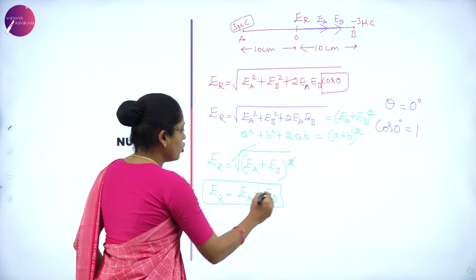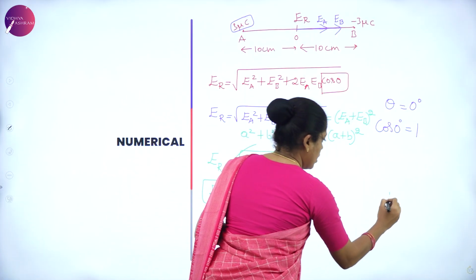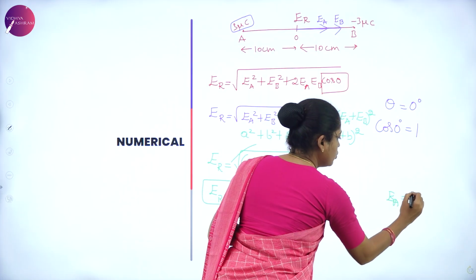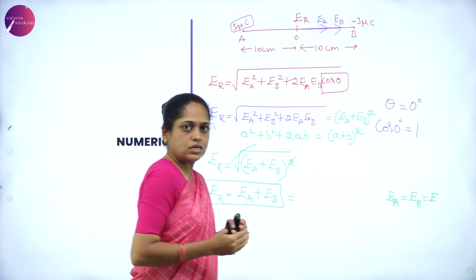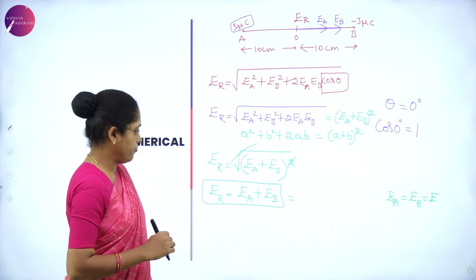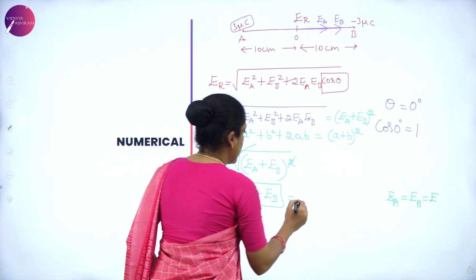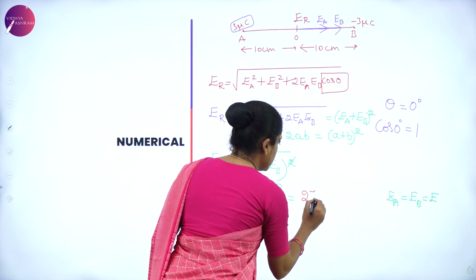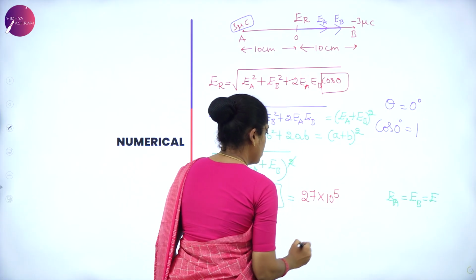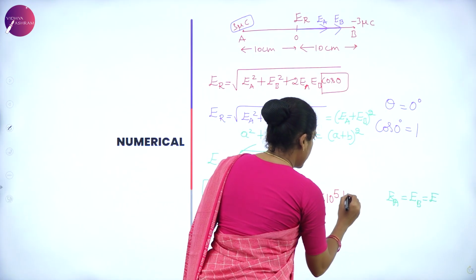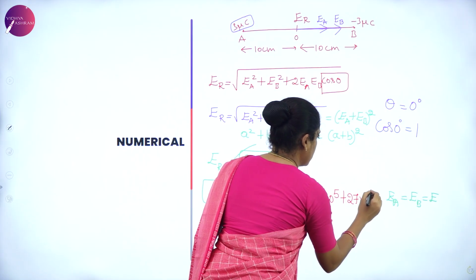Yes. Now you know the value of EA and EB. Both are the same. EA is equal to EB, which we consider as E. Yes, what is the value of EA and EB? EA and EB values are 27 into 10 power 5 plus 27 into 10 power 5.